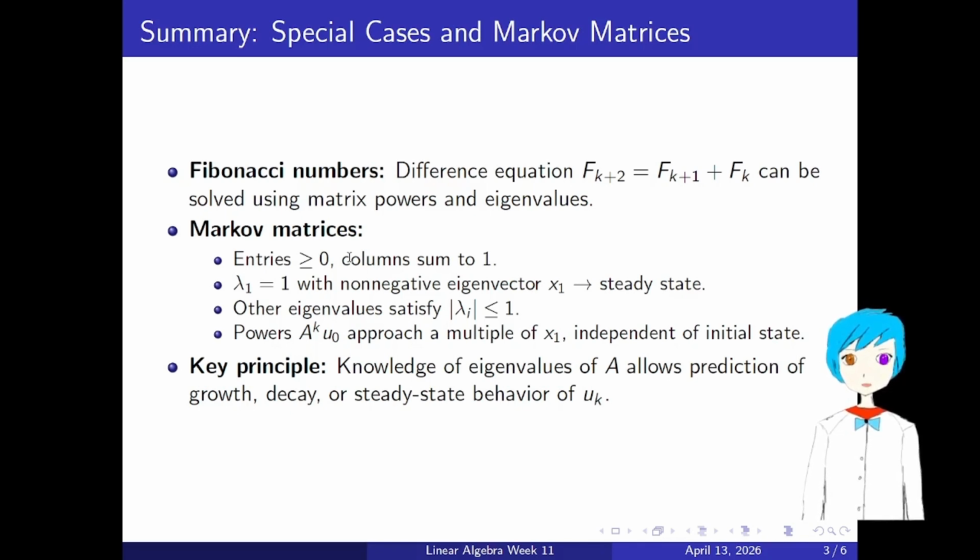For all other eigenvalues, their absolute values are smaller than or equal to 1. The powers A^k u_0 will approach a multiple of x_1 independent of the initial state, so this is a steady state solution. The knowledge of the eigenvalues of A allows prediction of the growth, decay, or steady state behavior of u_k for the general difference equation.